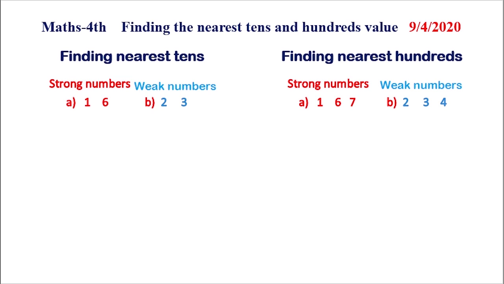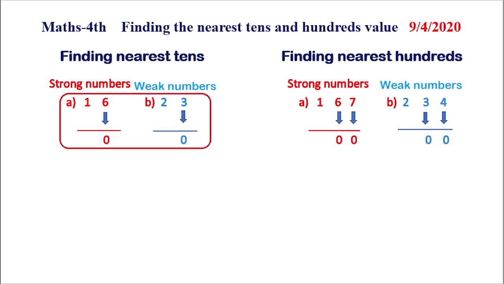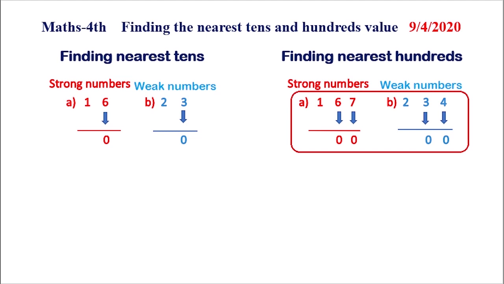Our first step will be to convert the ones into zeros for finding the nearest tens. And in finding the nearest hundreds, the step is the same with some additional steps. In finding the nearest hundreds, convert both the ones and tens place numbers into 0 0.